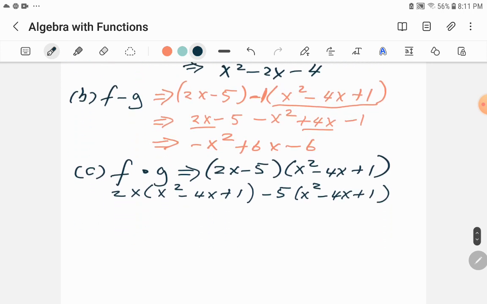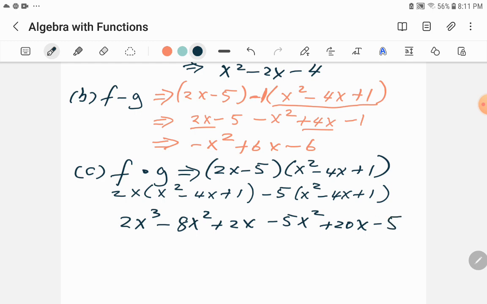So here we have 2x to the third minus 8x squared plus 2x. And then here we have minus 5x squared. Minus 5 times negative 4 would be plus 20x. And then minus 5 times 1, minus 5.